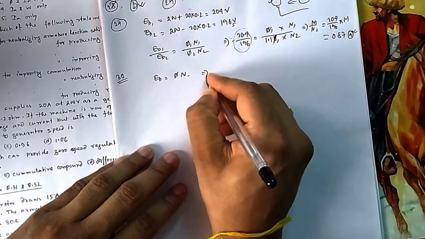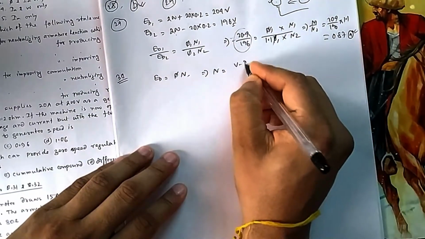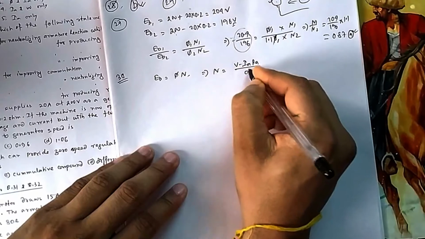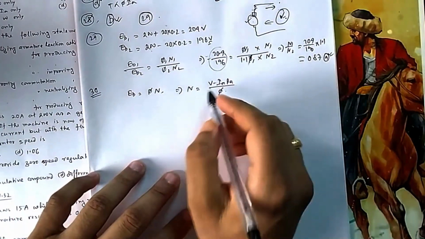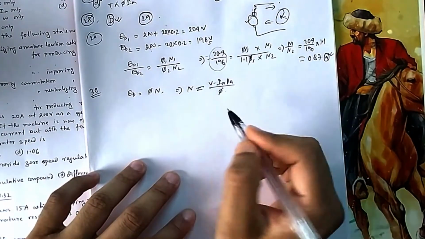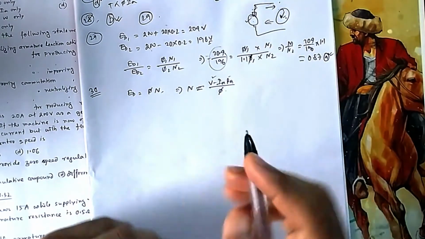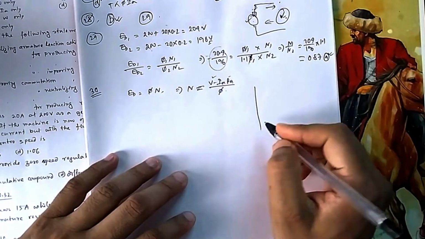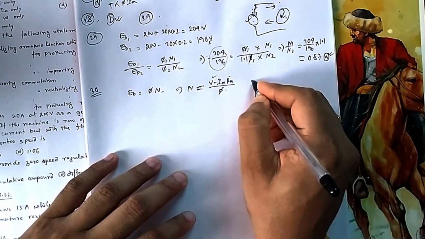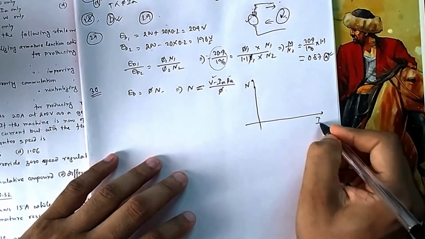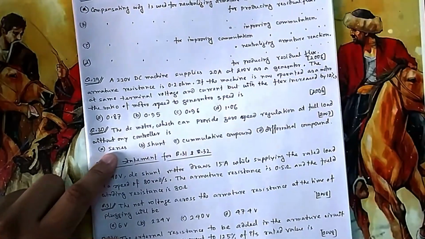This is the relation of speed: N is proportional to Eb by phi, that is, V minus IARA in the case of a motor, divided by phi. This is the way we can regulate speed, by changing V, IARA or phi. Now if you draw the relation between speed and IA for these different motors, take the series motor.